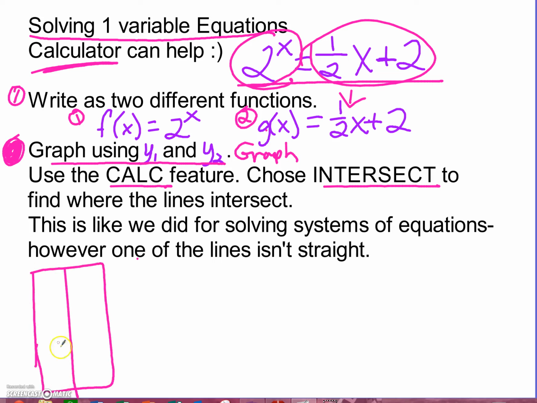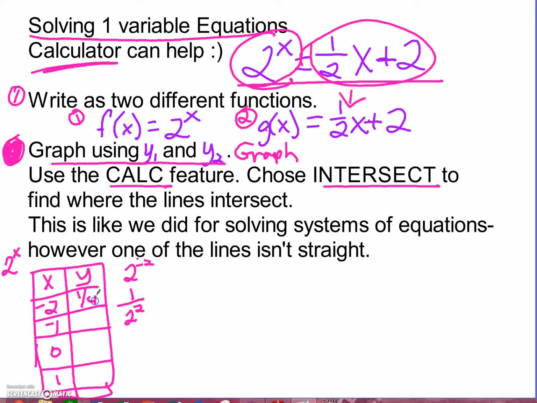I could make my chart like normal. My x and y, -2, -1, 0, 1, 2 can fit right down there. I'm going to do 2 to the x of my first thing over here. So 2 to the -2 power would be 1 over 2 squared, which is 1/4.